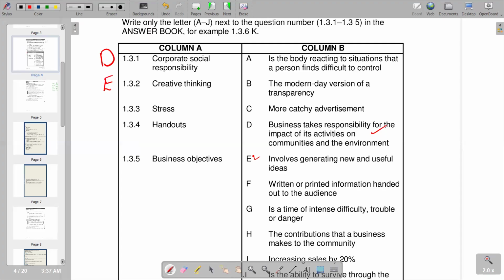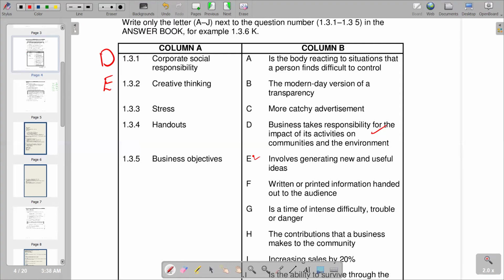Then we've got stress. Obviously, we also want to check which one explains stress. If we try to explain or define the term stress, it becomes a state of mental tension caused by a difficult situation.